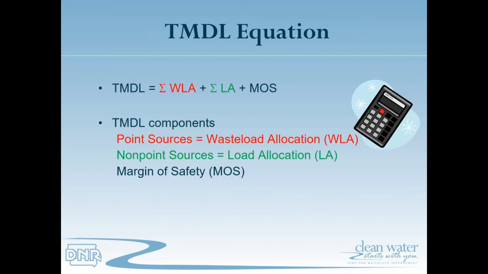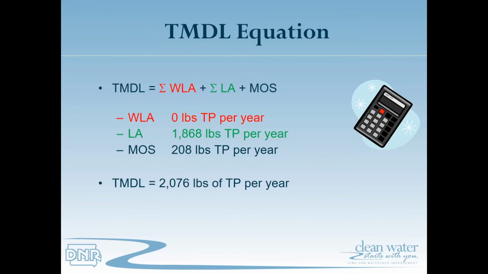So the main takeaway, if we put numbers to these values, we can see that again, there are no point sources. So our waste load is 0. Everything else is going to be our load allocation, which the document shows to be 1,868 pounds of total phosphorus per year, TP, total phosphorus.